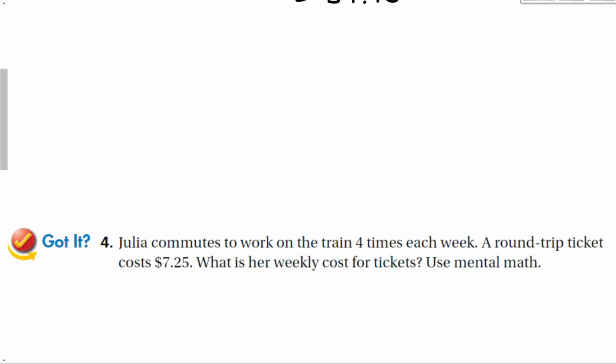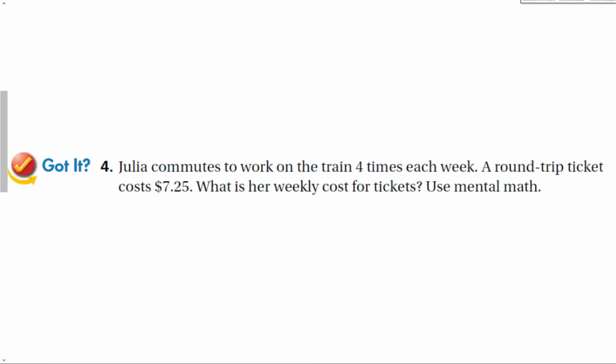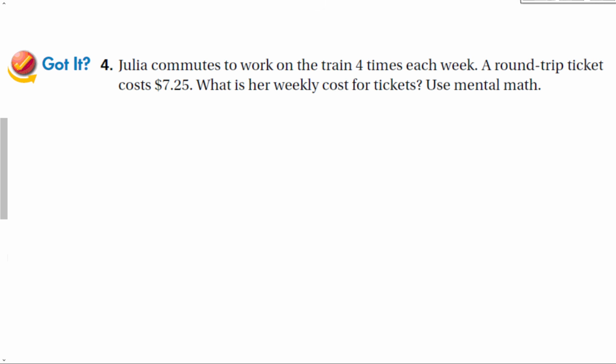Let's look at another one. Julia commutes to work on a train 4 times a week. A round trip ticket costs $7.95. Well, we don't want to go 4 times 7.95. What I would rather do is say 4 times $8 minus 5 cents... or rather, 4 times $7 plus 25 cents.